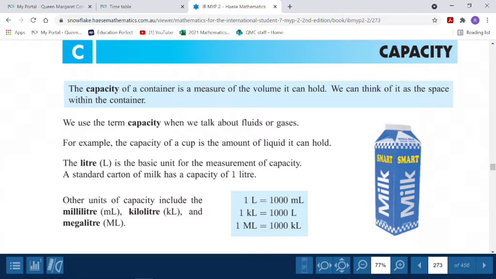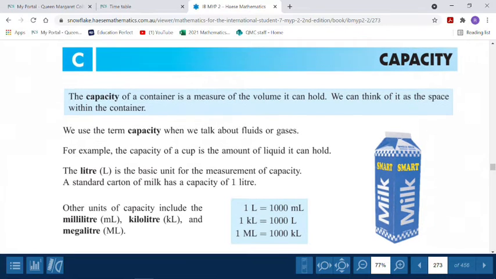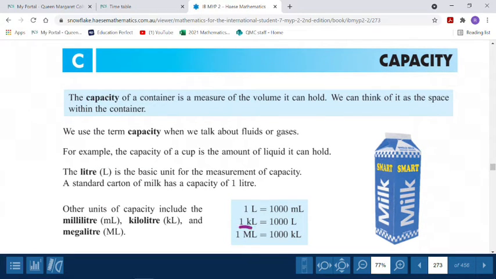And this one is the new one. This one is something called a megaliter. Okay? So 1 megaliter is 1,000 kiloliters. If you think about distance, 1,000 kilometers is a long way, right? But with volume and capacity, you frequently have big bodies of water or some other liquid.